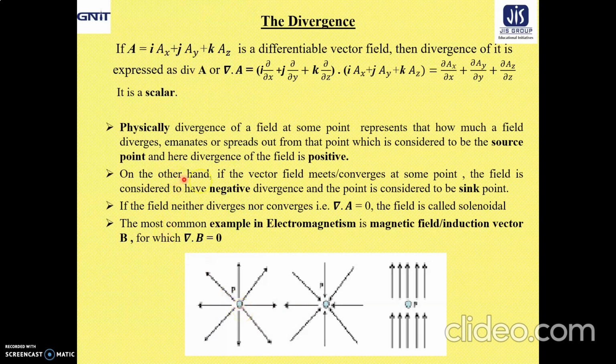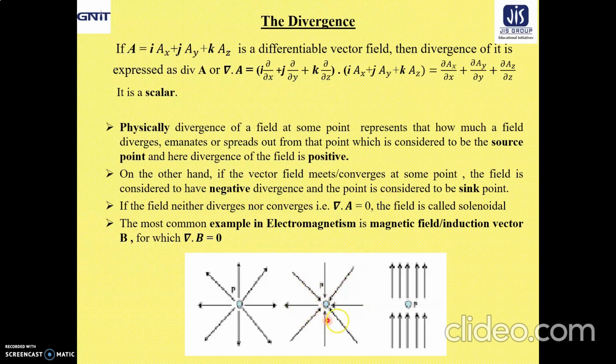On the other hand, if the vector field meets or converges at some point, opposite to divergence, the field is considered to have negative divergence, and the point is considered the sink point.